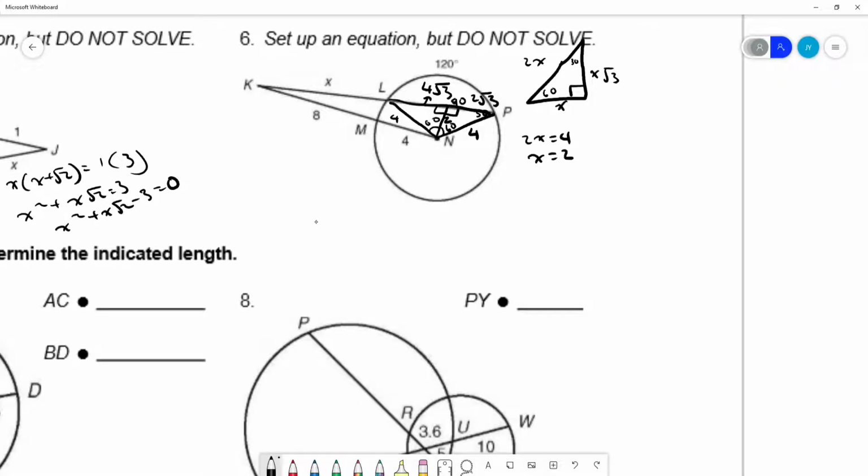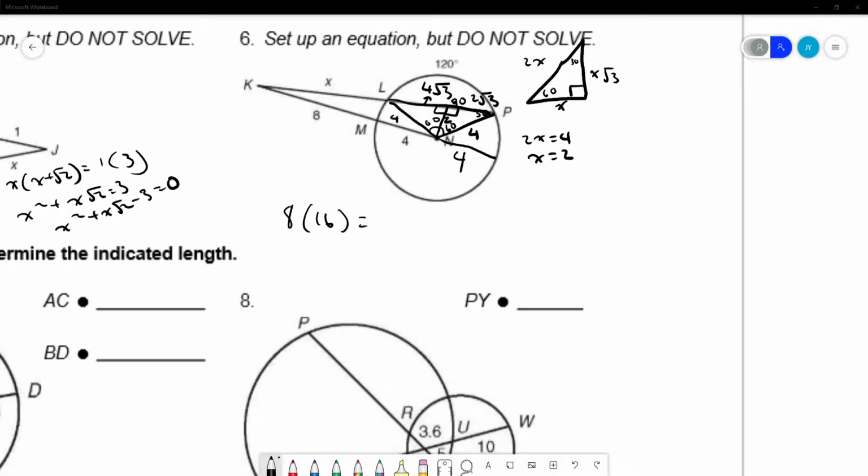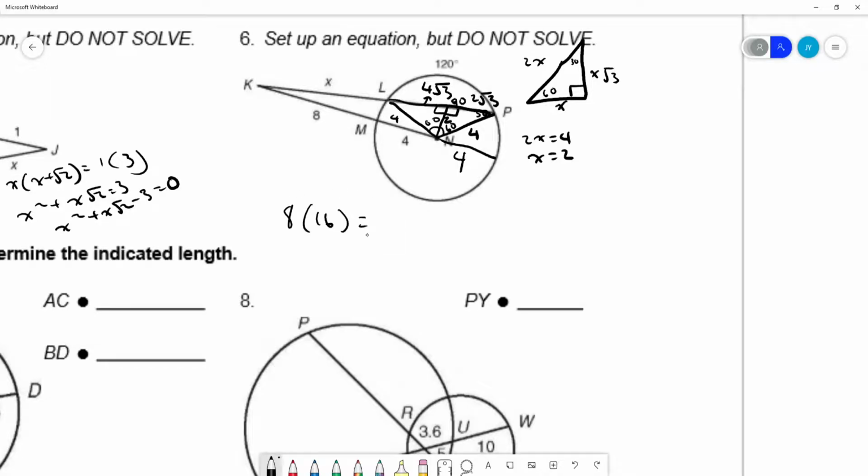Also, make sure to always draw that out. So it's 8 times 16 is equal to x times x plus 4 root 3.